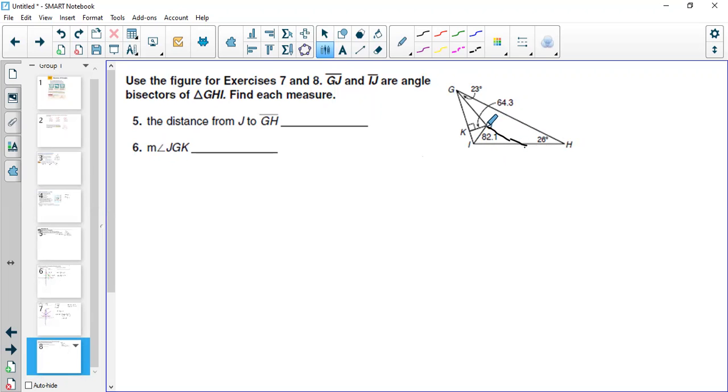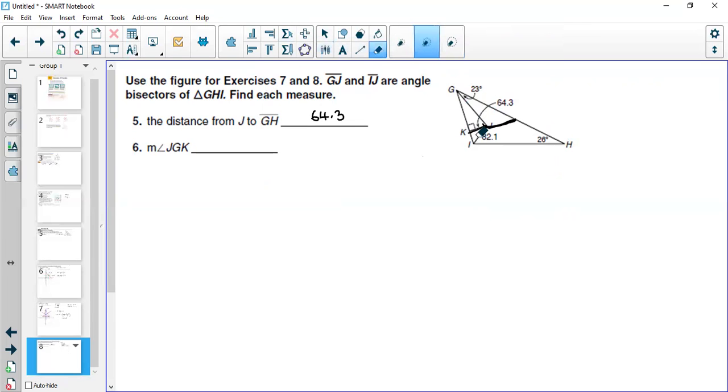But they did give the distance from J to K, which is 64.3, which means the distance from J to GH is also going to be 64.3 because of the incenter. From the center to the bisector, it's going to be the same distance. So from J to GH also it's going to be 64.3.